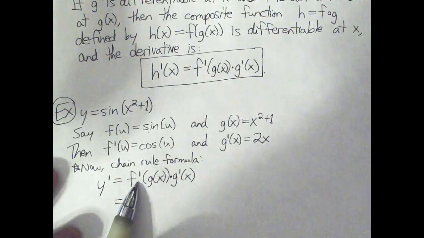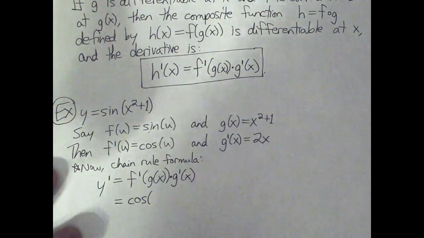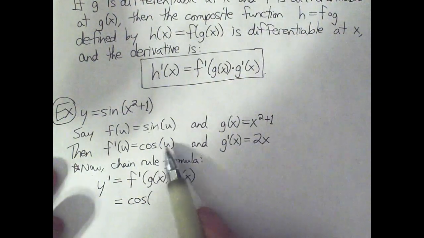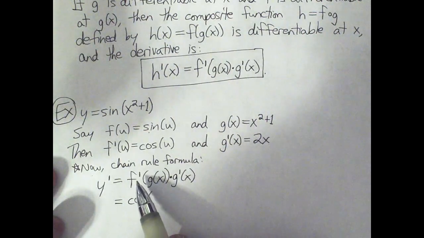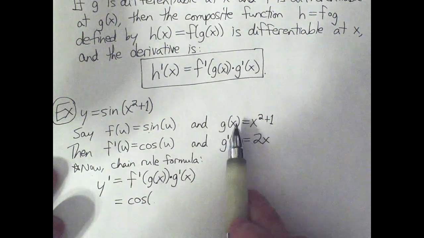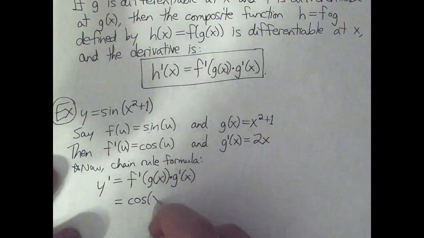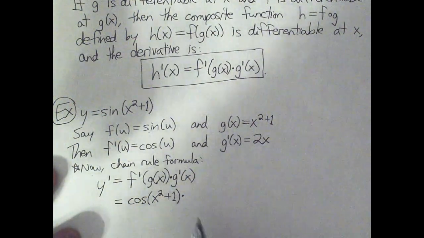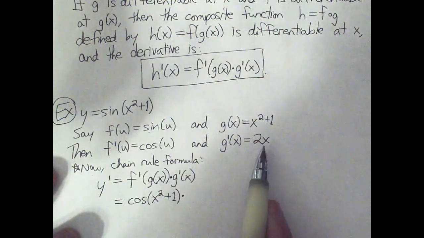So right here, I'm going to write cosine of. But instead of cosine of u, this formula wants us to do f prime of g, so cosine of g of x. g of x is x squared plus 1, so let's put that here. And then times g prime of x. What did we find for g prime of x? We found 2x.